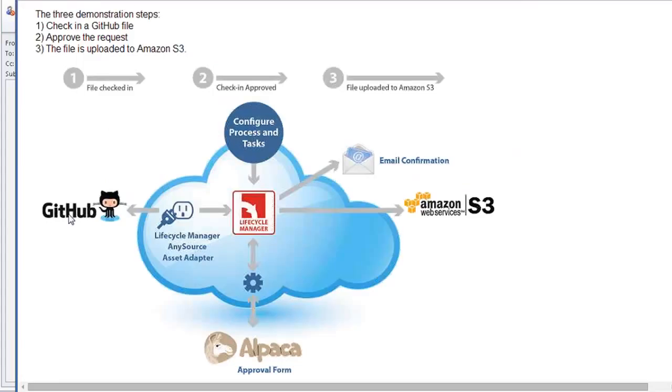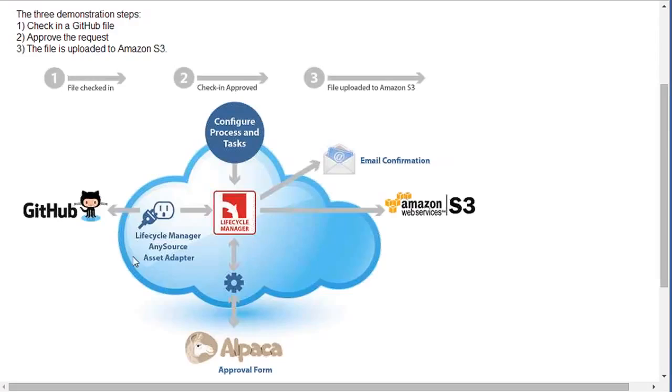So coming back here, that gets checked in. And then our any source asset adapter in Lifecycle Manager is going to be notified that GitHub has a new file in place. And it's going to retrieve that file, parse it, and kick off the Lifecycle Manager automation process or provisioning process.